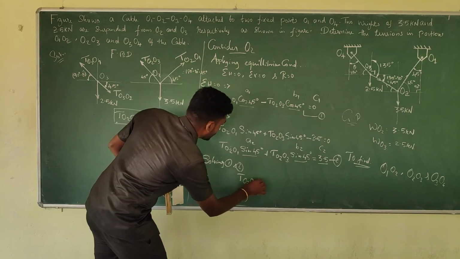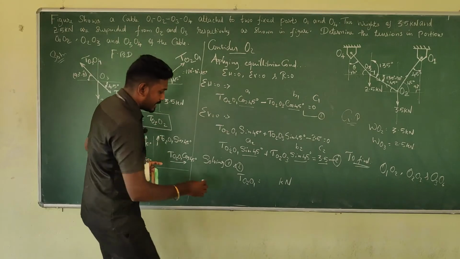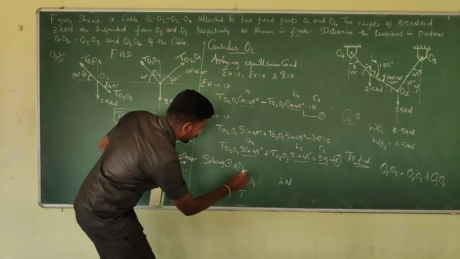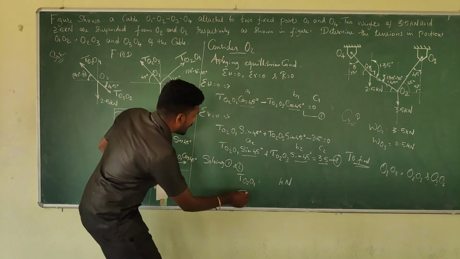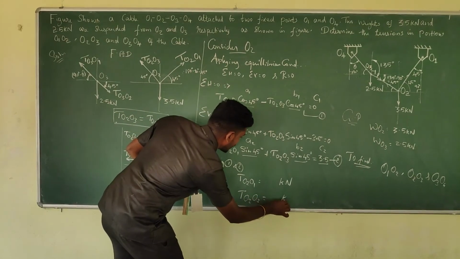You get TO2O1 in terms of kilonewton, since all the weights have been given in the question in kilonewton, and TO2O3 is equal to n kilonewton.